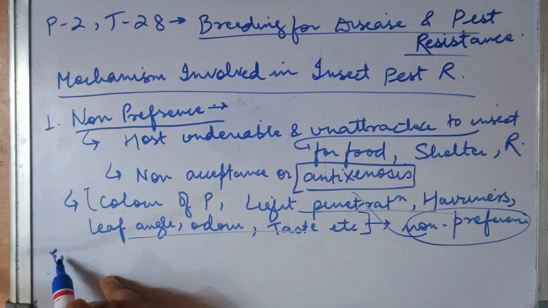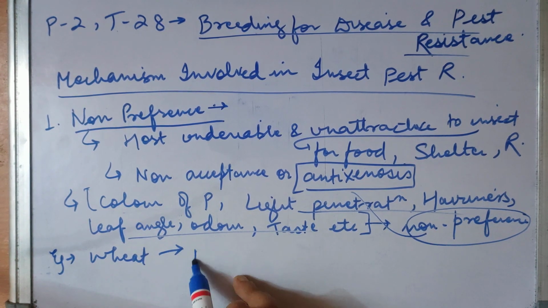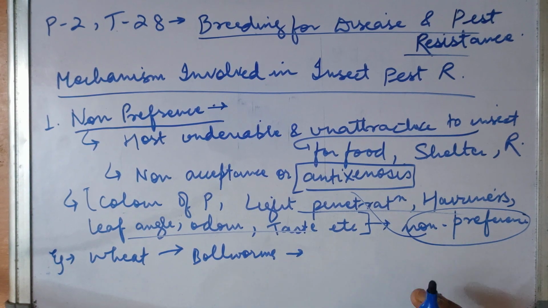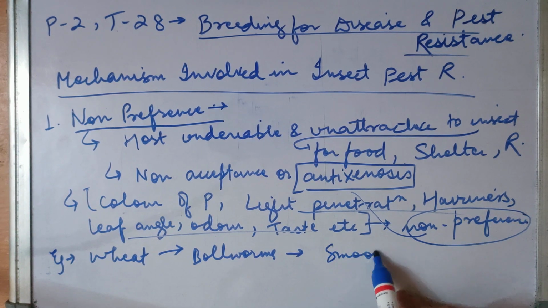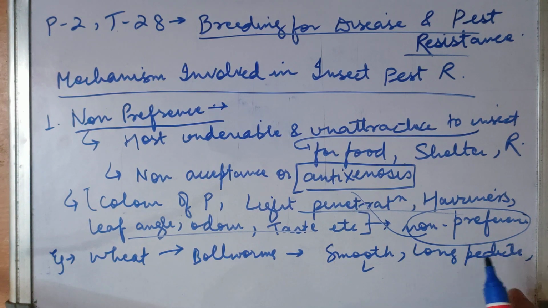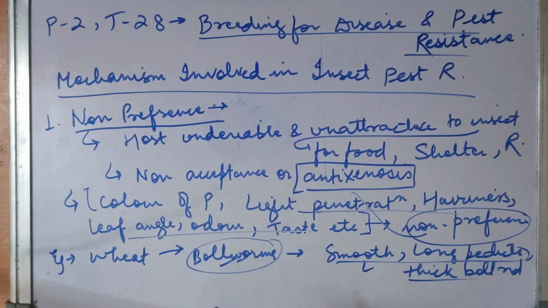For example, in wheat, for the insect bollworm, the wheat's leaves become smooth, with long pedicle and thick ball reed. These characters are not preferred by bollworms, so they do not attack wheat.